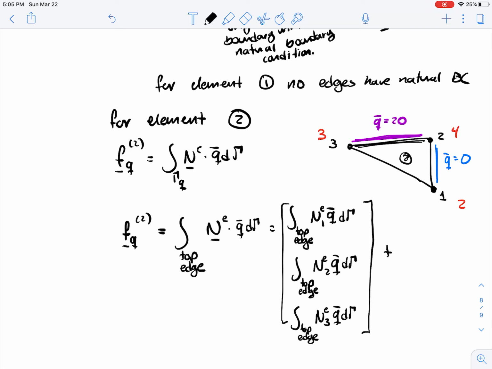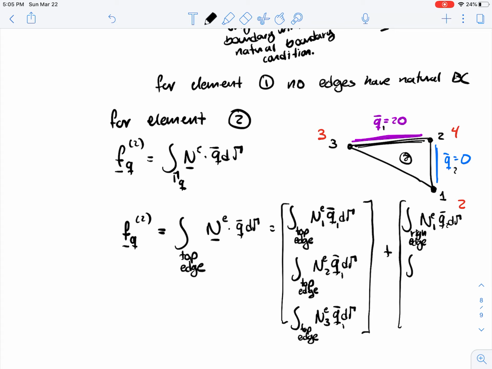And again, I should have here another integral over the right edge of n1 times the other Q bar. Maybe I should say 1 and 2. So this will be one of the Q bars, and here I would have the other one.